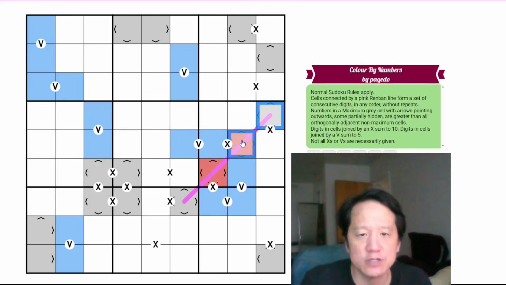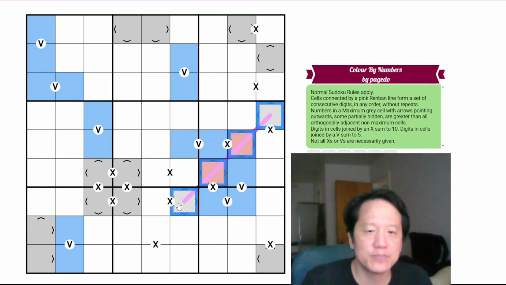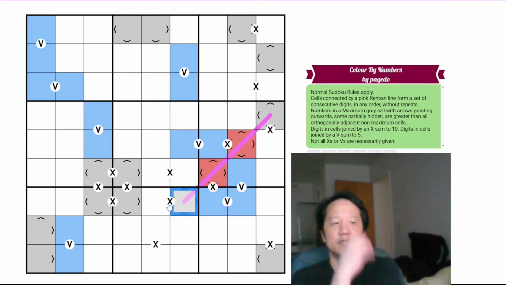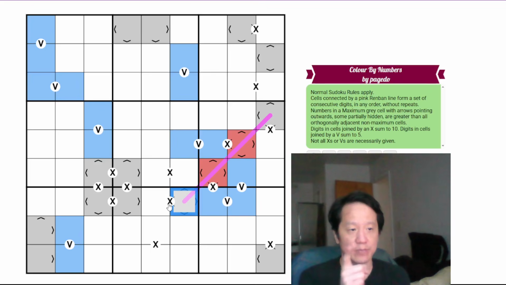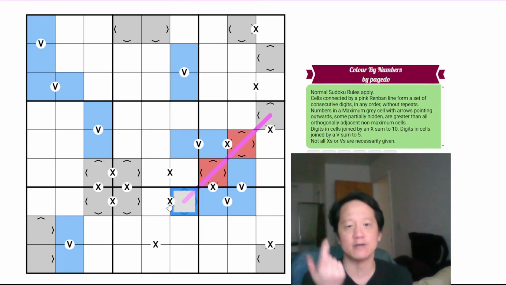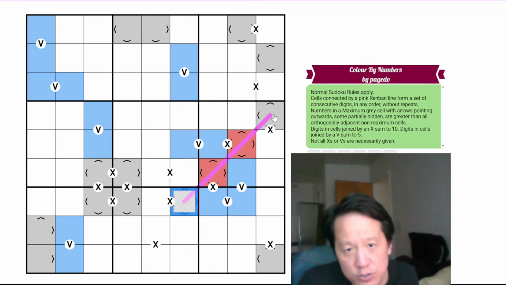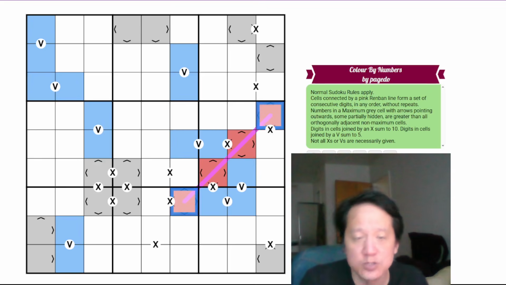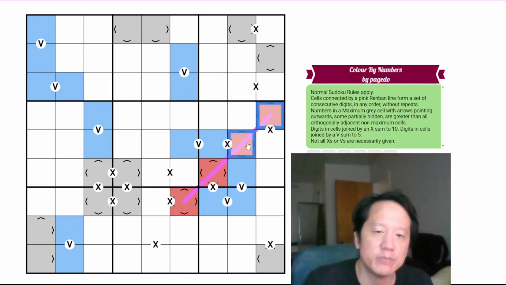And in addition, they form a Renban, so they must form a set of consecutive digits. And they all are next to an x. Since they're all next to an x, 5 cannot be one of them, because 5 plus another digit adding up to 10 would have to be next to a 5, but then we'd have a repeat in a row or a column. So these must all be the digits 6 through 9 to form a Renban.